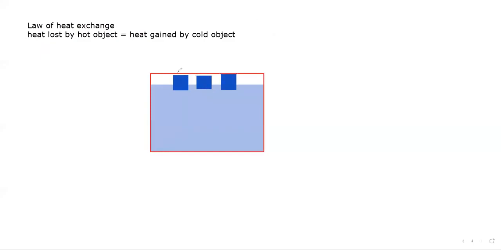The ice cubes are at, for example, -2, if not at melting temperature, and in the beginning the water was at 30 degrees. So water is the hot object and the ice cubes are the cold object, and heat energy transfers from the hot object to the cold object. So heat lost by the water will be equal to heat gained by the ice.